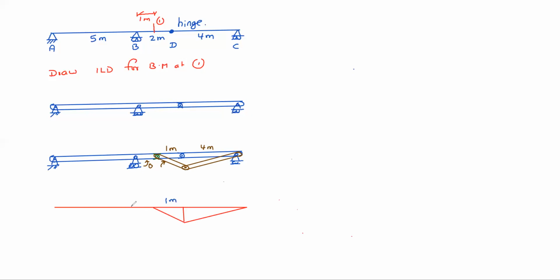This is 5 meter, 1 meter, 4 meter. So this will be negative, negative 1 into 4 by 5, which is equal to 0.8 is the ordinate here.